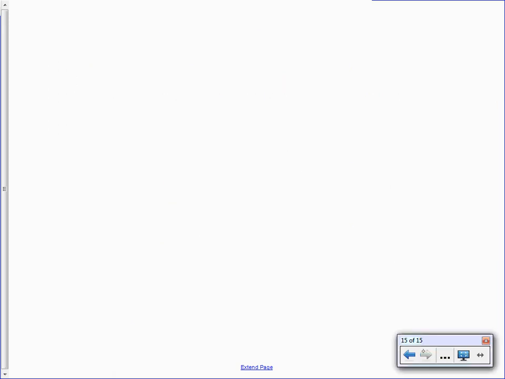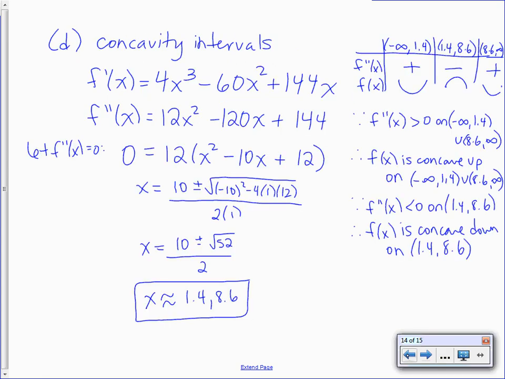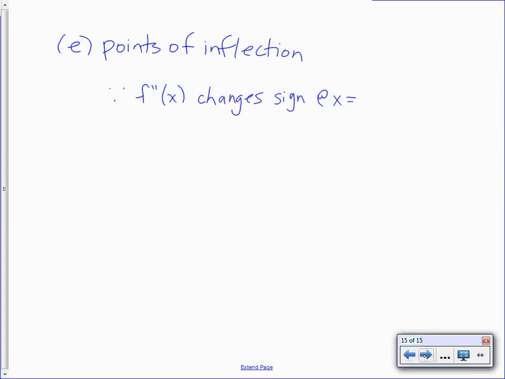So if part B was points of inflection, okay, again, all the work you had to do for concavity would do, so hopefully it would already be there. Since f double prime of x, you can be a little more vague for points of inflection, you just say changes sign at x equals 1.4 and 8.6.